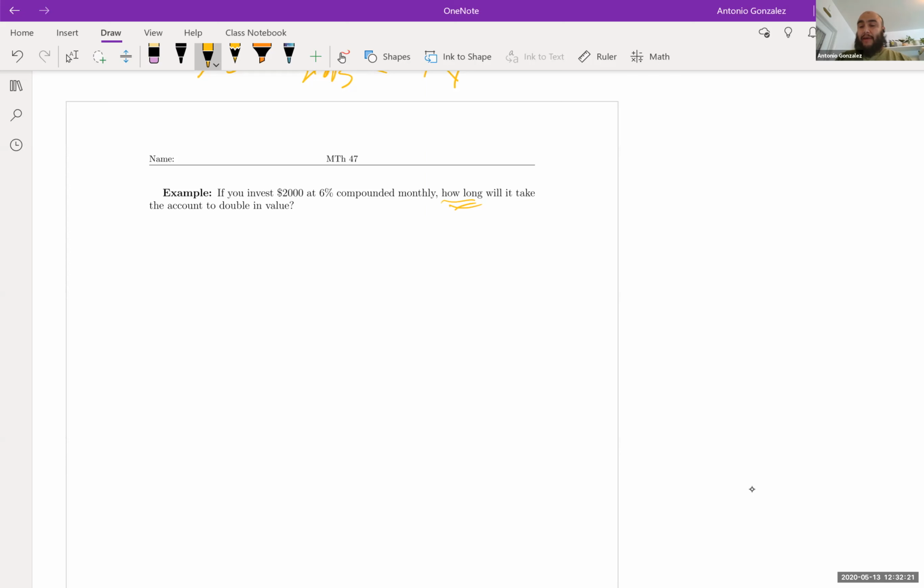Yeah, this one is the compound interest one, right? That accounts for when you make a deposit and then you forget about it. You don't withdraw or you don't add to it. So this one is going to be the compound interest formula.